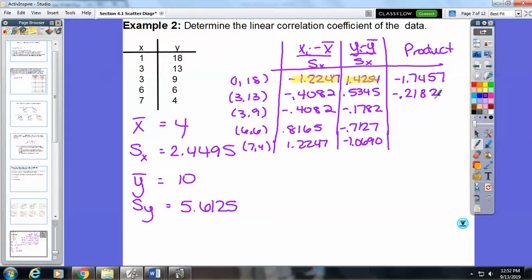We thought standard deviation was long. Is everybody with me on how I'm calculating this?